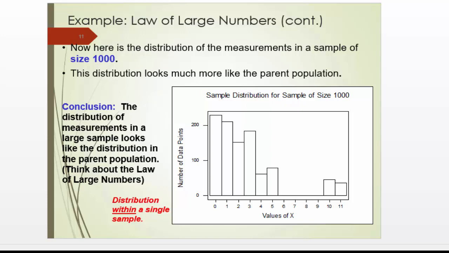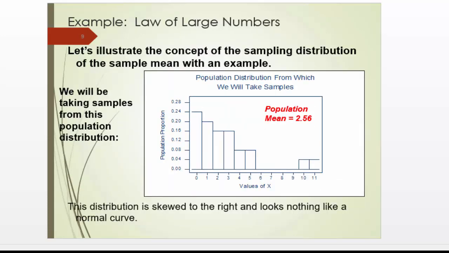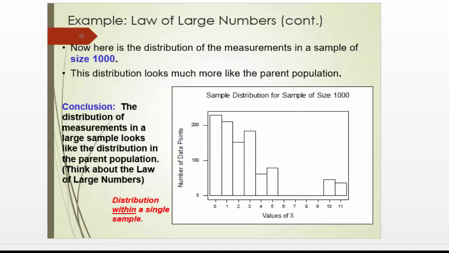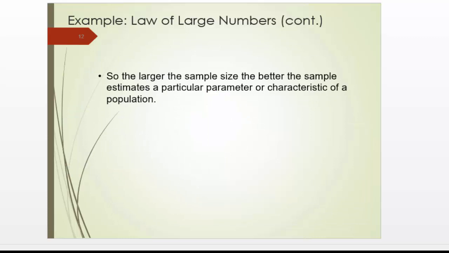Now that sampling distribution looks much closer to what the population distribution looked like. As our sample size increases, the distribution starts to look more and more like the population distribution. So the larger the sample size, the better the sample estimates a particular parameter or characteristic of the population.